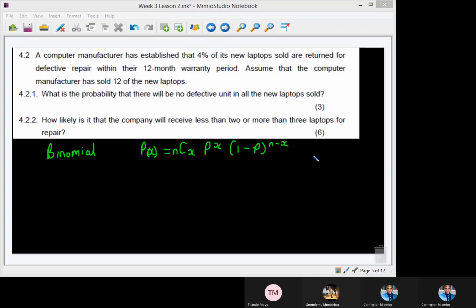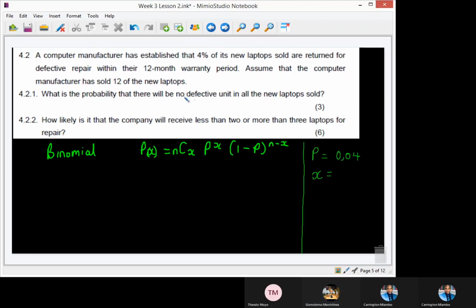What is our probability? I think it's 4%. So as a decimal, 4% is 0.04.